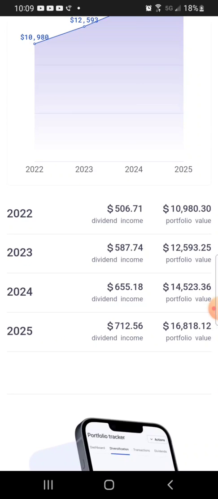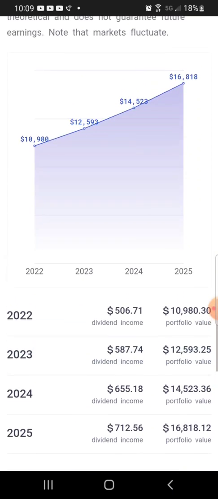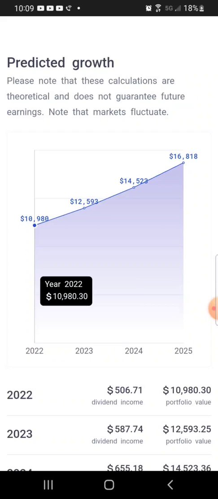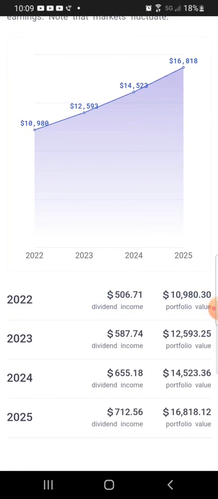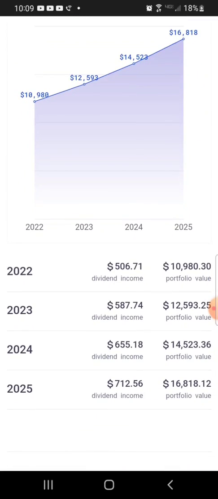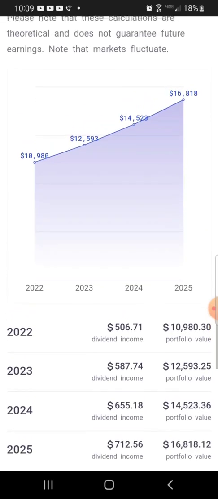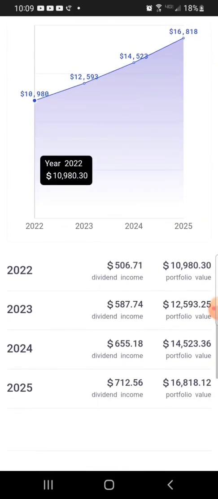So that's one of the perks on Dividend Watch. One of the best perks that I've seen when it comes to calculating your dividend income and projection on where your portfolio will be, without all the legwork of spreadsheets and things like that. So definitely check Dividend Watch out. There's a reason that I'm using it and I pay for it, because it's pretty dope.